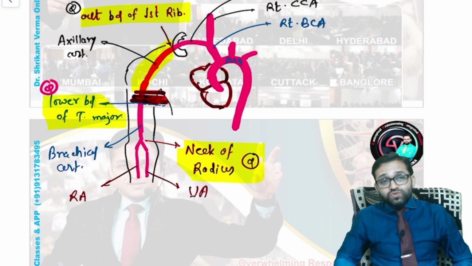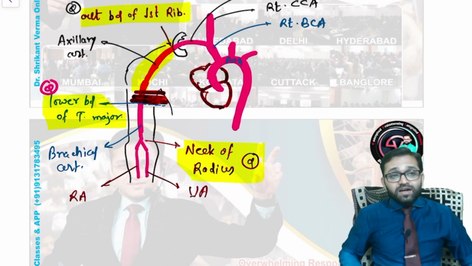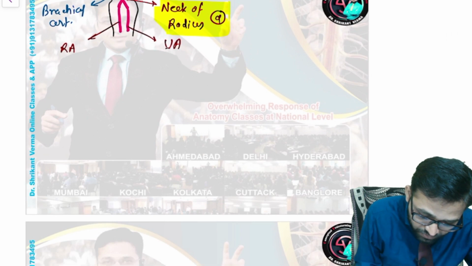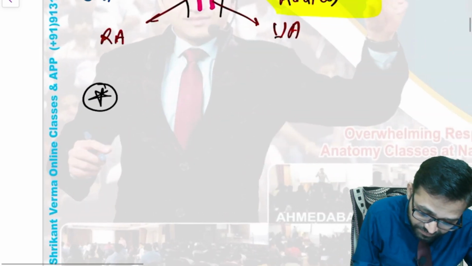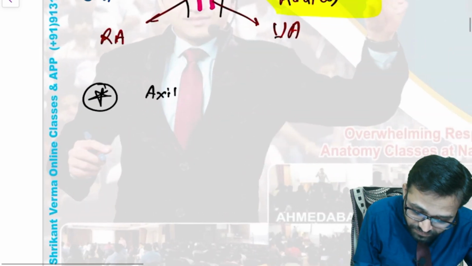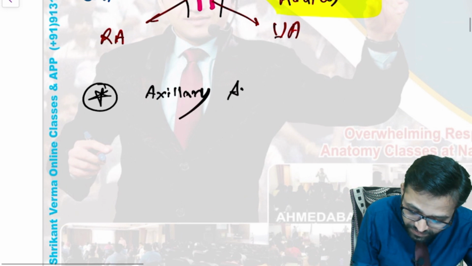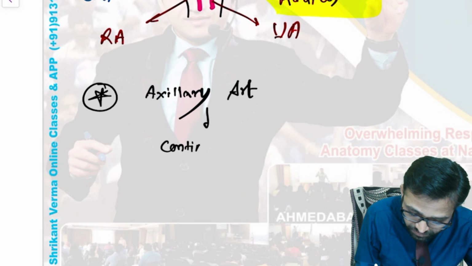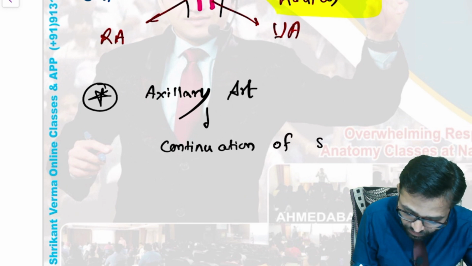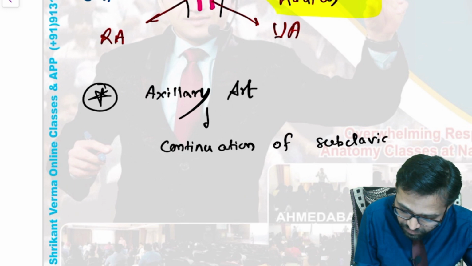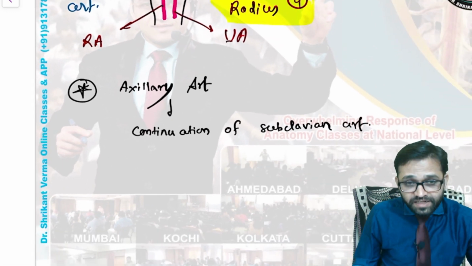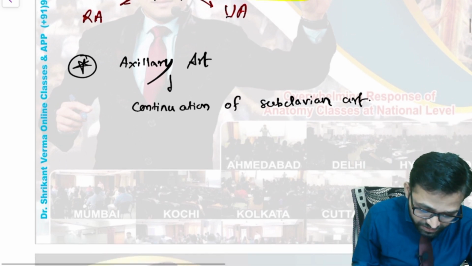So just look here, the axillary artery. This axillary artery is the continuation of the subclavian artery.